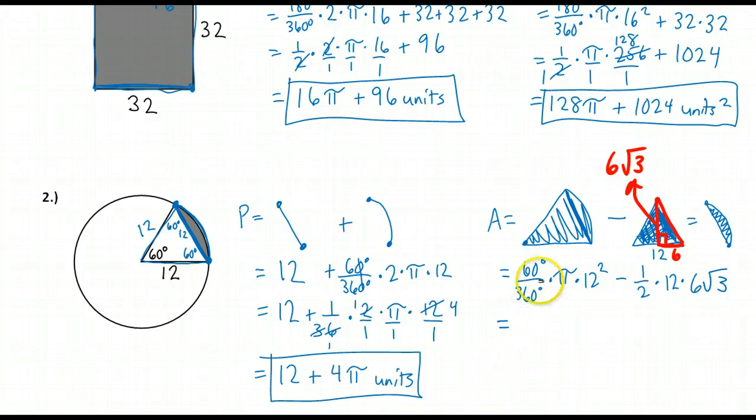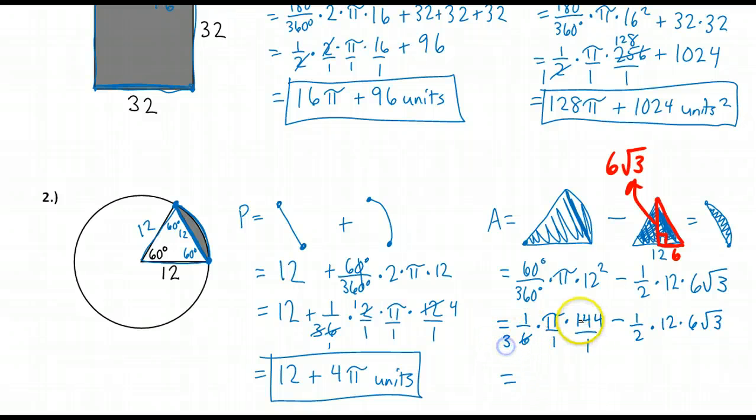Let's simplify. 60 out of 360 is 1/6 times pi times 12 squared is 144 minus 1/2 times 12 times 6 square roots of 3. 144 and 6 are both divisible by 2. 144 divided by 2 is going to be, well, if I take 140 and divide by 2, I get 70.